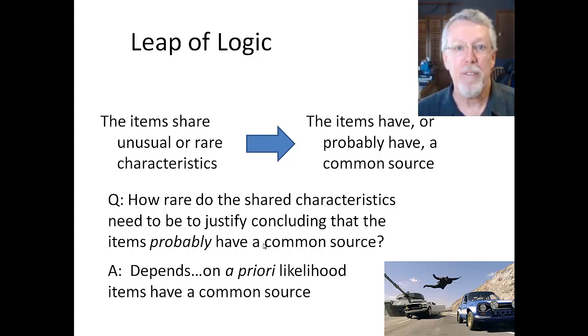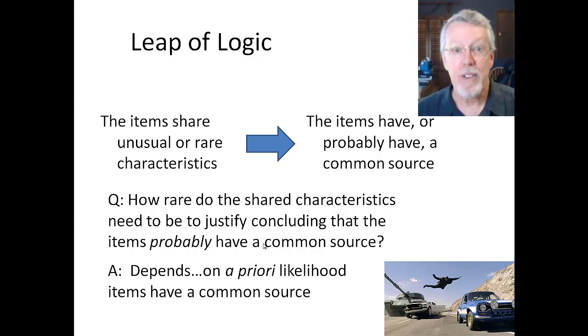For those of you who've looked at the video on categorization, it's quite similar to asking how low the false positive rate of a classification procedure has to be before we can be convinced that an item classified in a particular category belongs in that category. And what we showed there is it depends on the a priori likelihood the item belongs in that category. It depends on what other evidence there is that the item belongs in that category. And the same thing is true with regard to forensic comparison.